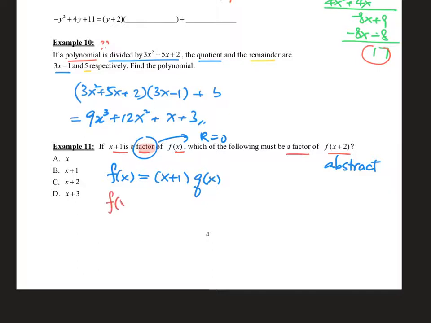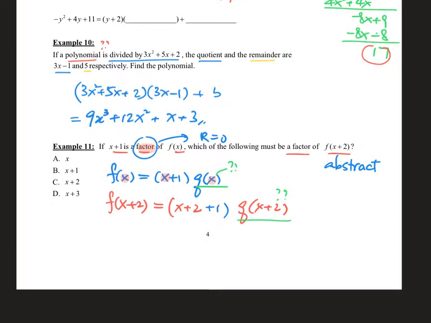When you are going to talk about f(x plus 2), you have to do the substitution accordingly, so at the spot, you have to change the expression. So you have f(x plus 2) equal to (x plus 2 plus 1) times q(x plus 2). Actually, we never know what q(x plus 2) or q(x) is, because we don't know what f(x) is either.